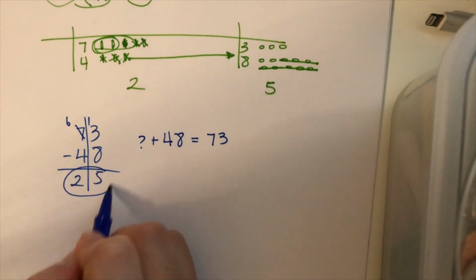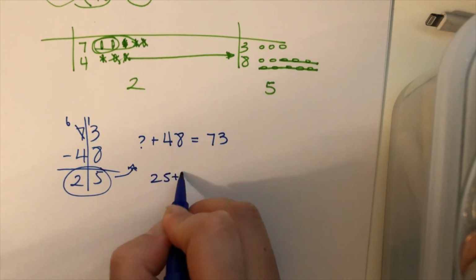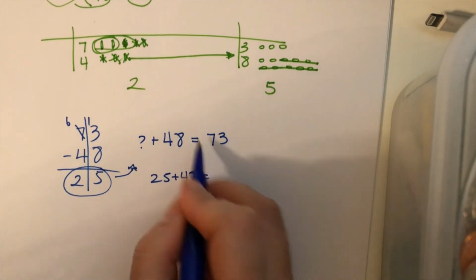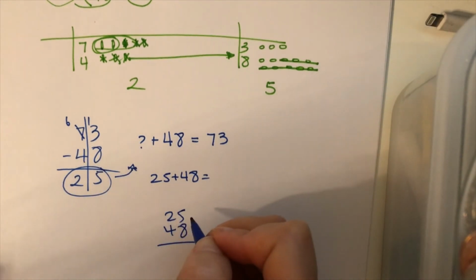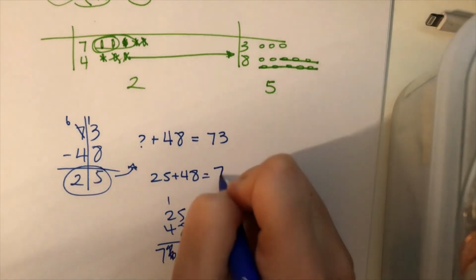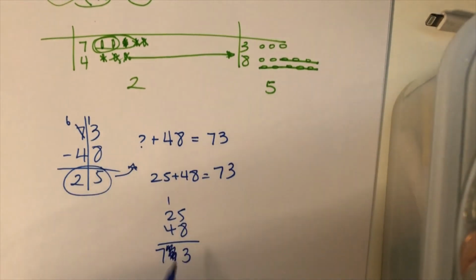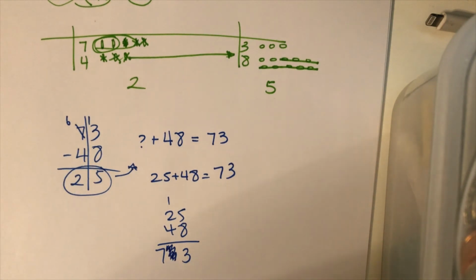Because if you put this answer in here, this should make sense. If I were to do this, does it still equal 73? Well, let's test it out. Oh, awesome. I wrote 6 way too quick. I forgot to add that 1, and it is 73. So right now, you know your answer is correct.